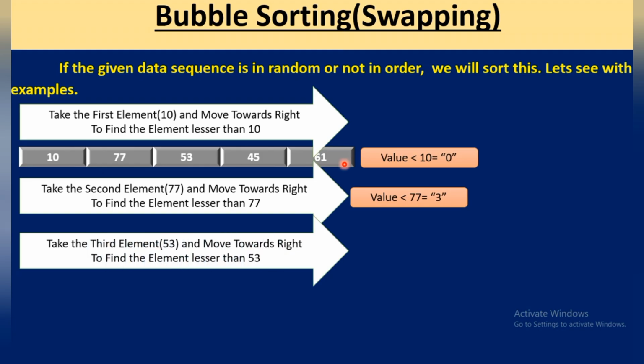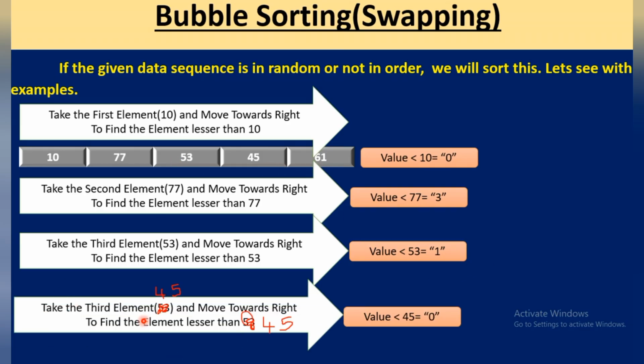Next, take the third element 53 and move towards right to find the elements lesser than 53. How many elements are present? The element lesser than 53 is 45, so we are marking it as 1. Now take the next element 45 and find the elements lesser than 45. None of the elements is lesser than 45.